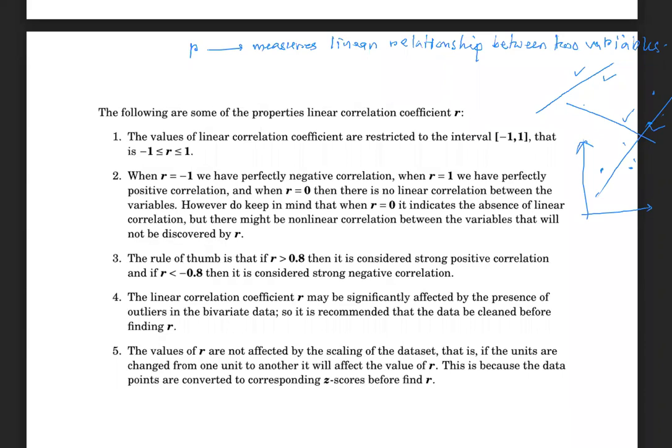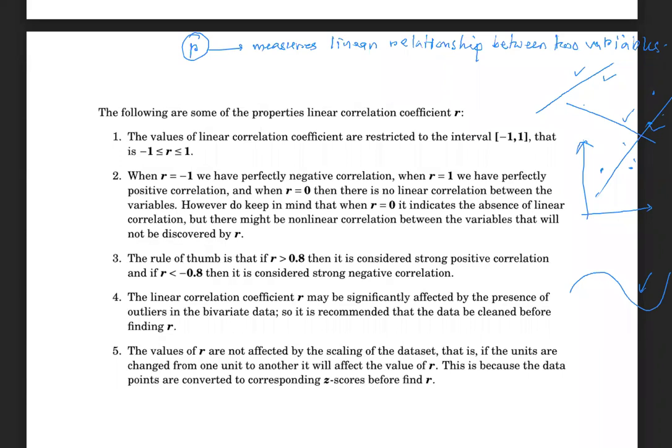However, between two variables, you could have a non-linear relationship. So it's possible that some variables behave like this. Two variables, they're related to each other, but they behave in a non-linear way. So remember that the Pearson linear correlation coefficient does not measure the non-linear correlation.